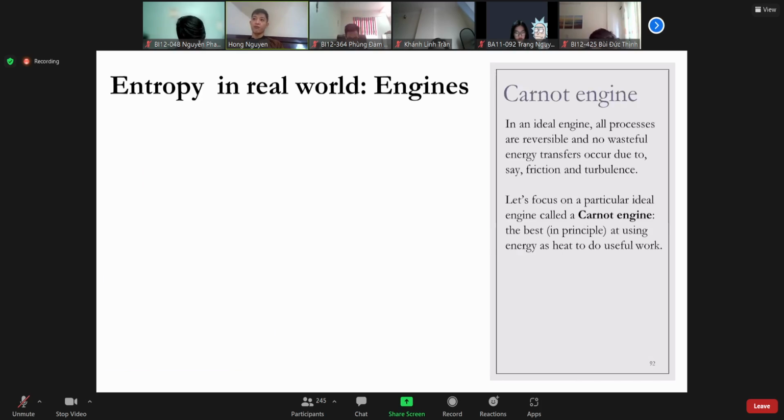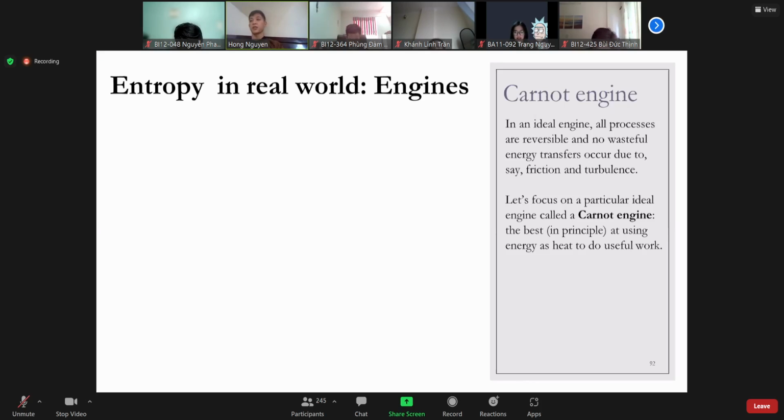Now, we will consider a specific engine, which is a Carnot engine. You know the Carnot already. Now we will consider the so-called Carnot engine. We will consider an ideal engine. In an ideal engine, all the processes are reversible and there's no wasteful energy, right?